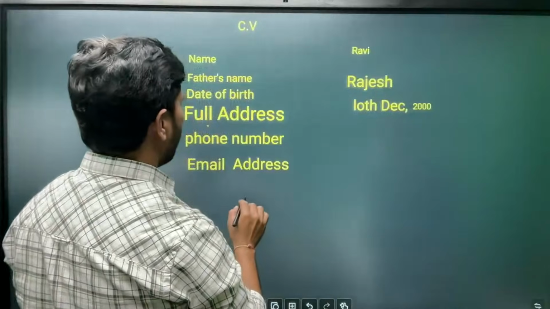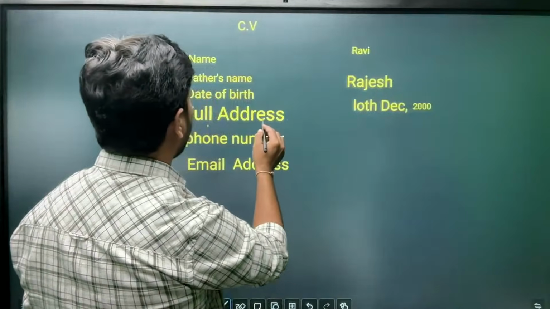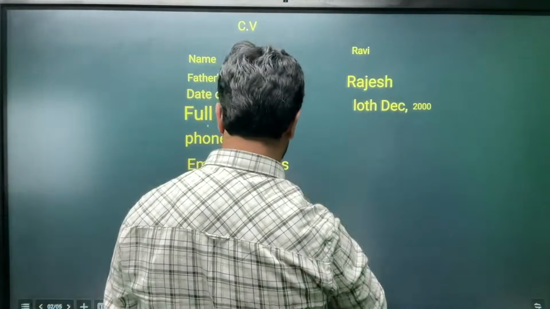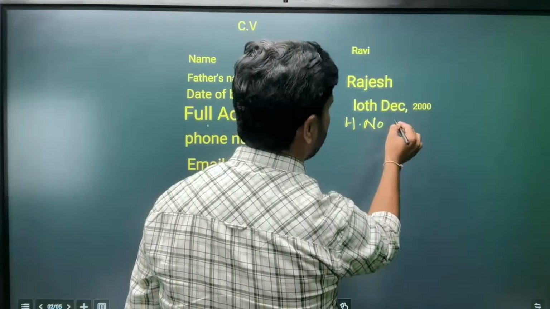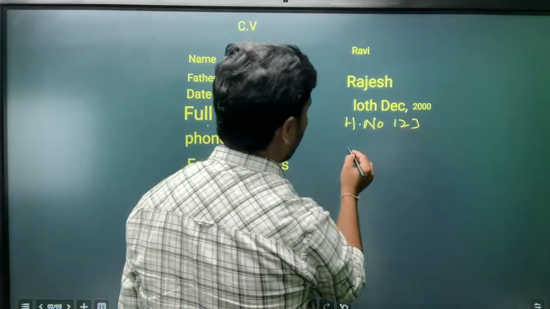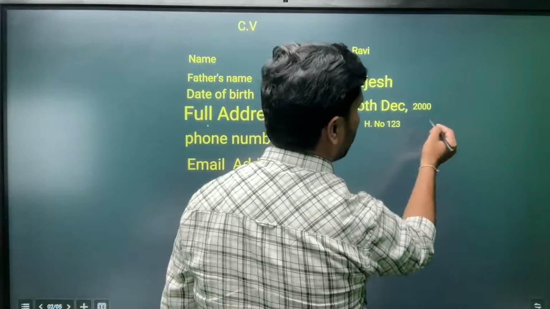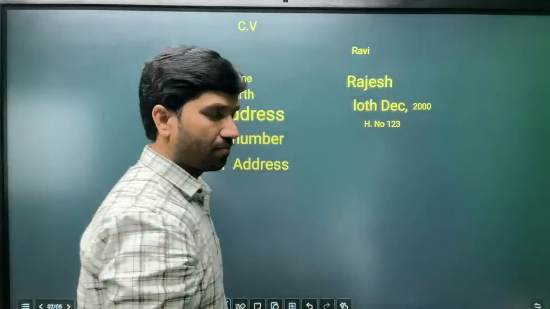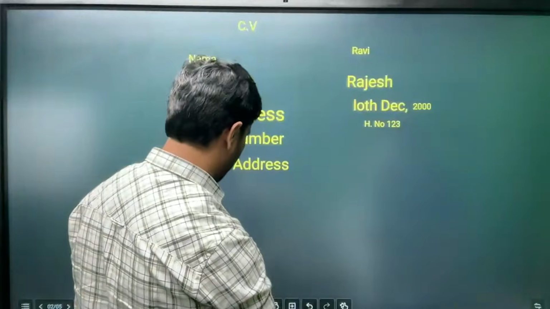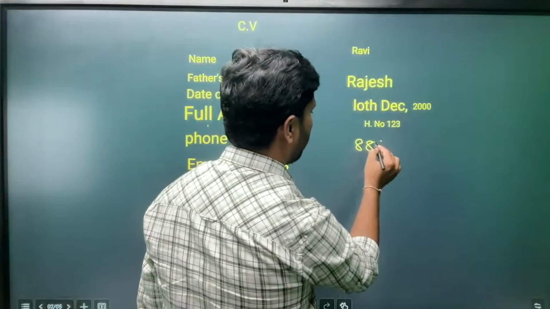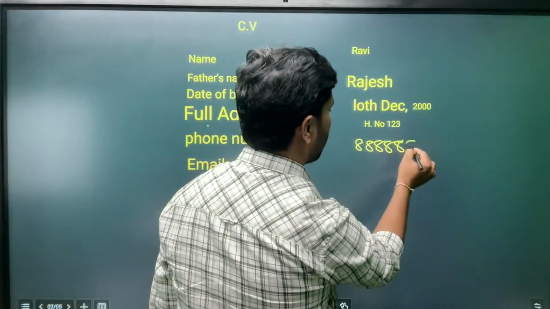Then next, full address. Write the house number, for example 1, 2, 3, and the road number. All of this address should be right there. Next, phone number. Write any 10-digit number, like five 8s and five 9s.